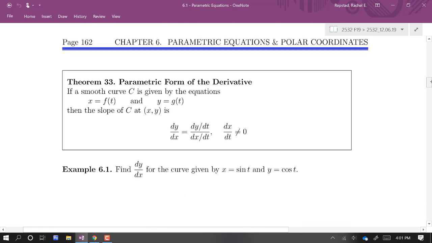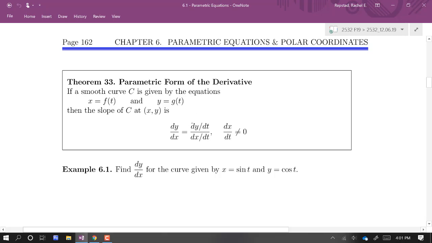When you have a parametric curve, a natural thing that we might think about in calculus is how do we get the slope of a line tangent to the curve? Which is to say, how do we get dy/dx? When you have y as a function of t and x as a function of t, how do you get dy/dx from those other derivatives?